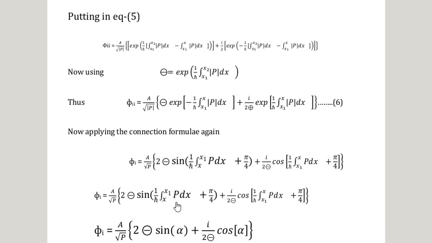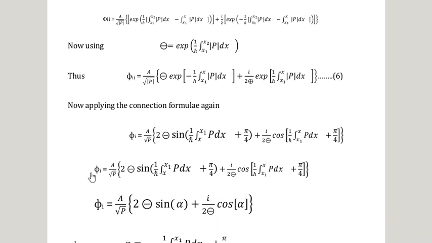phi first: a upon root p, 2 theta sine 1 upon h cut x to x1 p dx plus pi by 4, plus I by 2 theta this. Now we assume 1 upon h cut x to x1 p dx plus pi by 4 is alpha for simplicity.